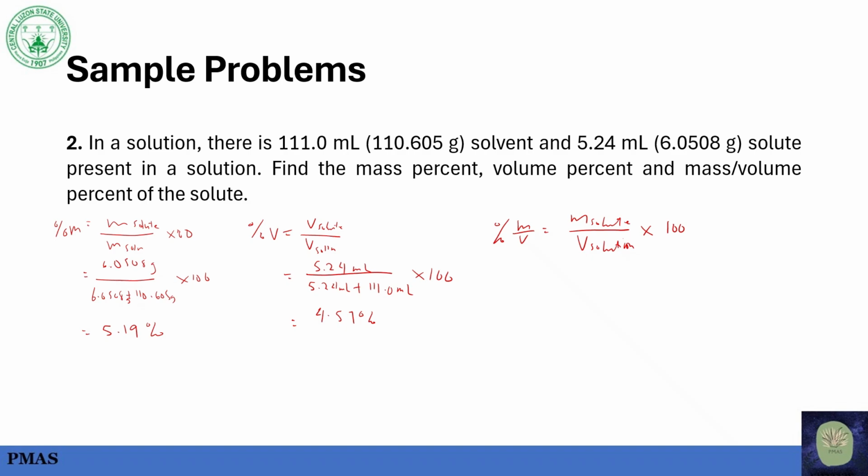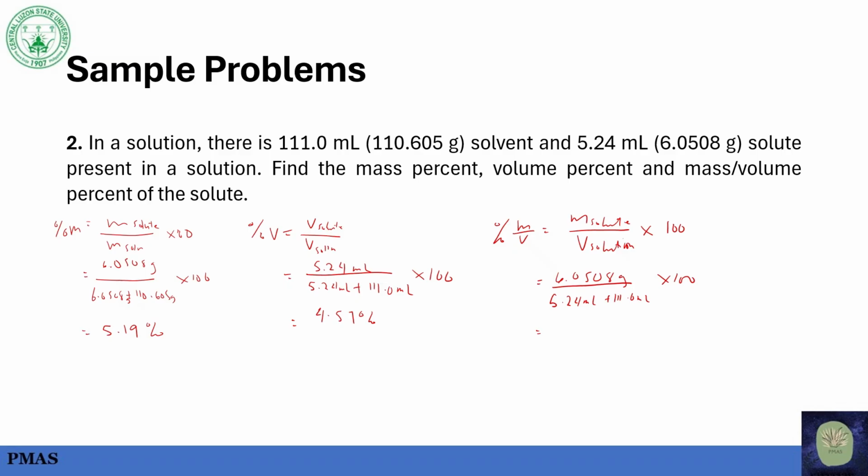The mass of our solute is 6.0508 grams divided by the volume of the solution, which is the combined volume, 5.24 plus 111 ml, times 100.